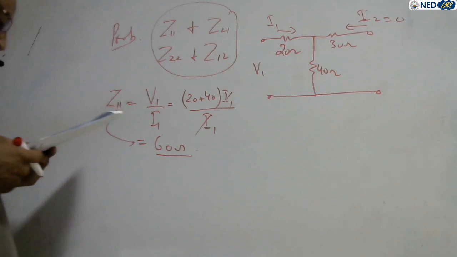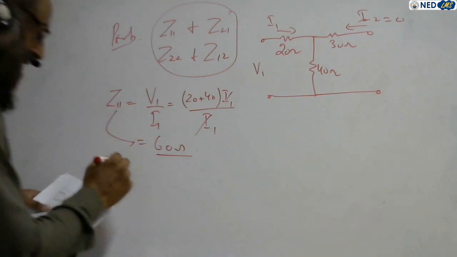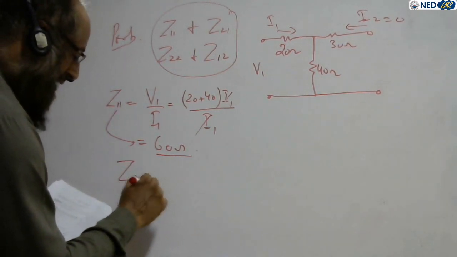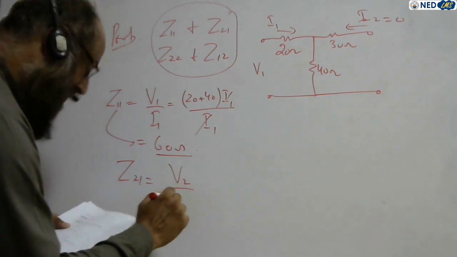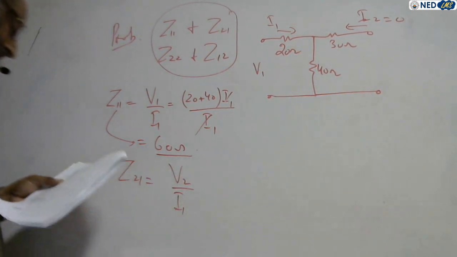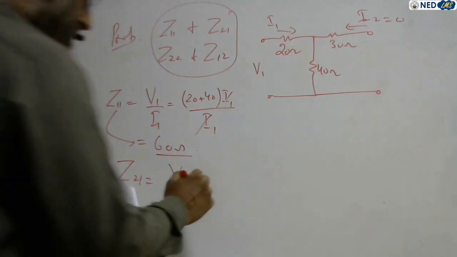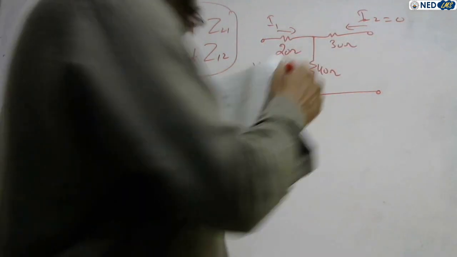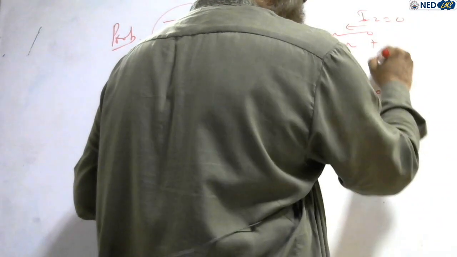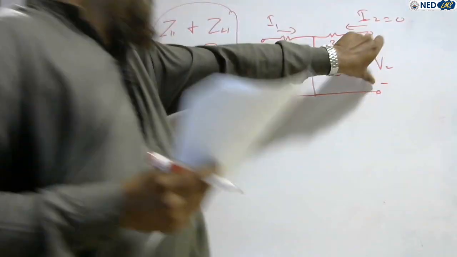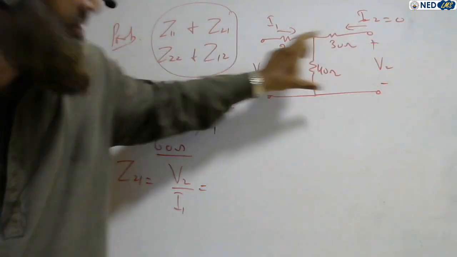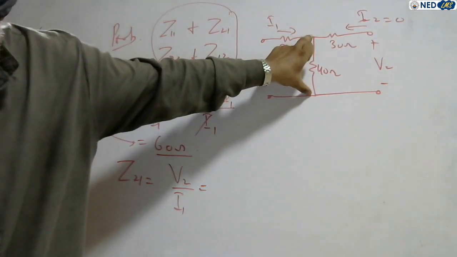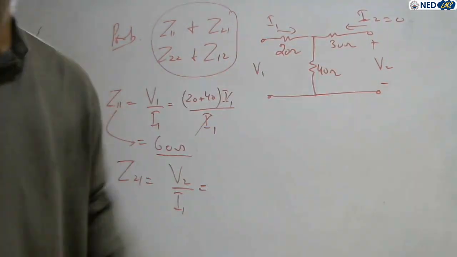Similarly, what is Z21? Recall the formula: it is the ratio of V2 over I1. What is V2 in this case? This side is open circuit, but voltage appears. It is the same voltage that drops across the 40 ohm resistance, since in parallel the voltage is the same.